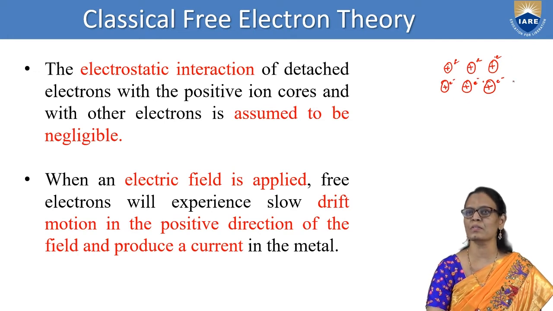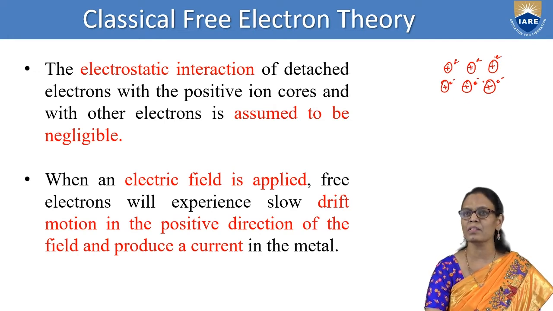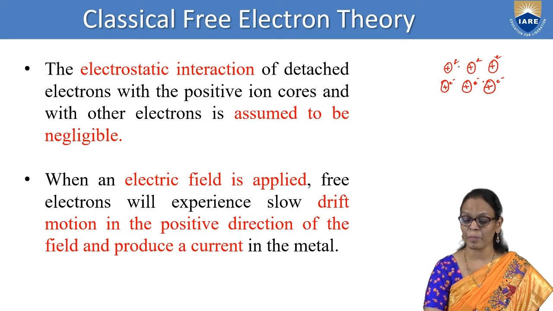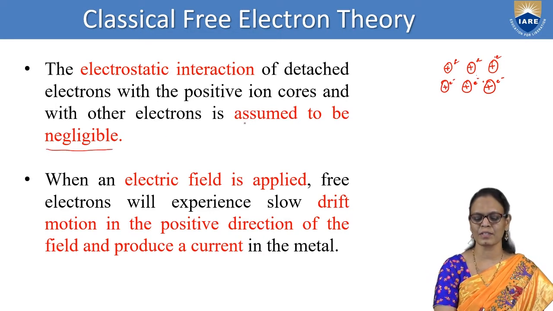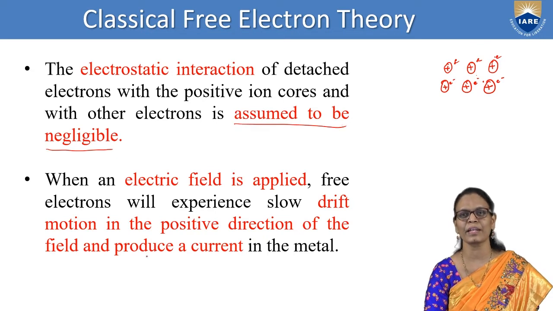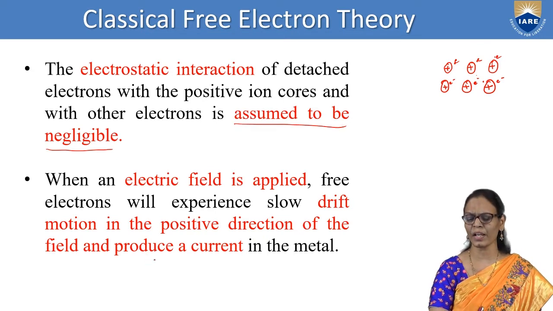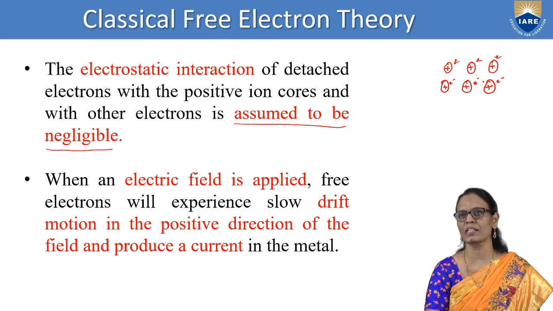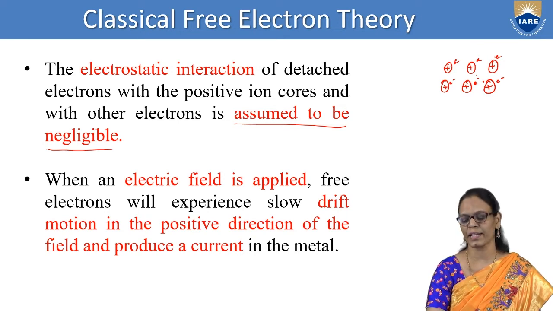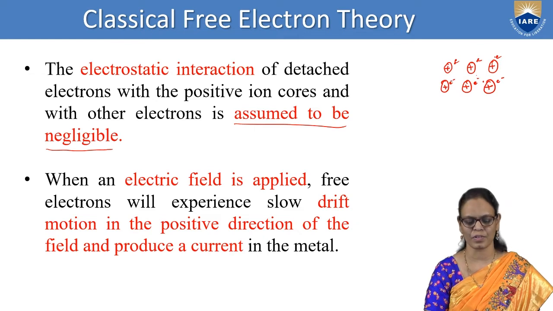Now if you see this picture, when these electrons are moving, they may collide with the positive ion cores or with other electrons also, but they assumed this to be negligible. They have not considered the interaction of these electrons with the positive ion cores or with the other electrons.